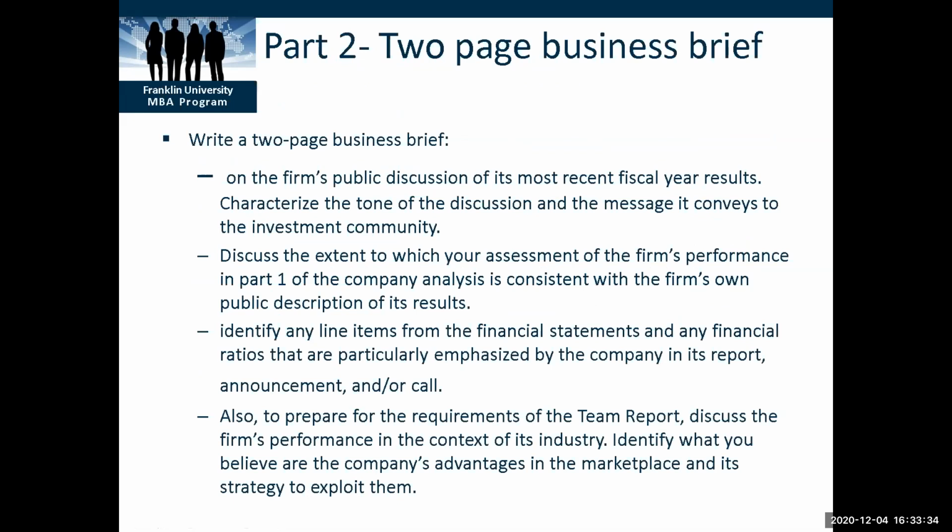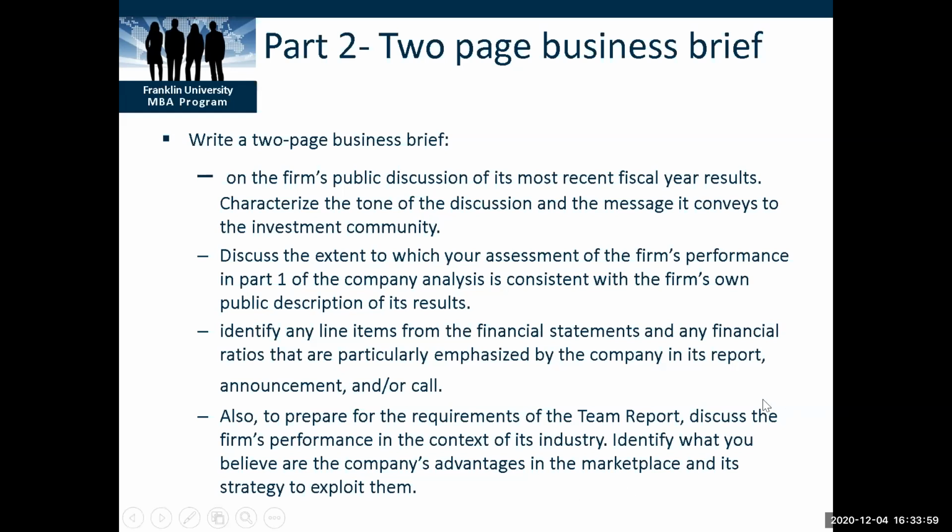Then you need to discuss to what extent your assessment of the company's performance from part 1 is consistent with the firm's own public description of its results. Here you need to compare and contrast what you did in part 1 versus your company's own description of its results.